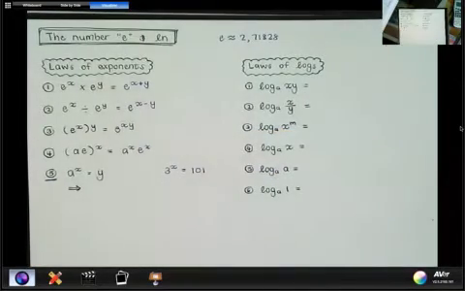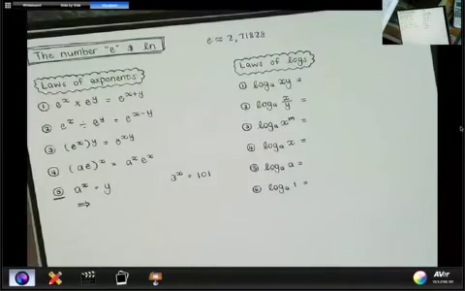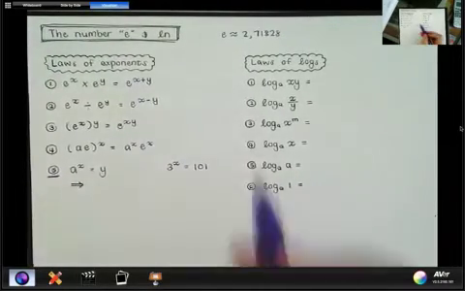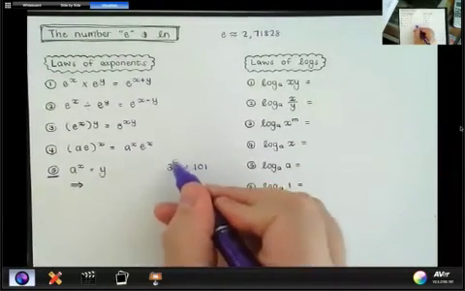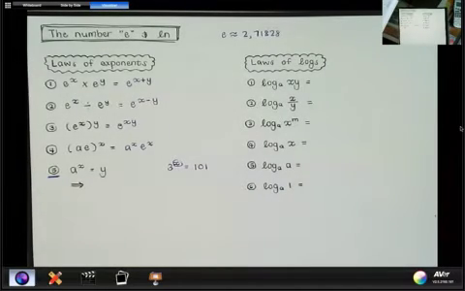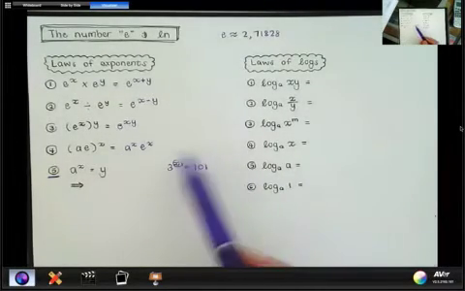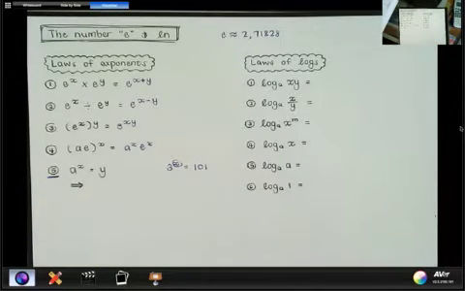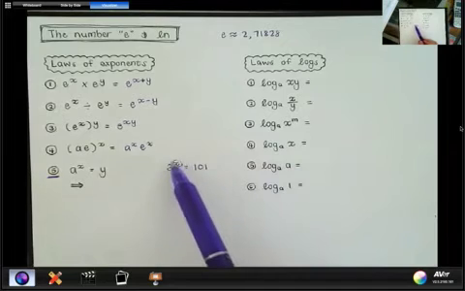In grade 10, we would have used trial and error to solve for x. But now, using log form and the log button on the calculator, we can rewrite this equation in log form, which will then allow us to use the button on the calculator to solve for x. So how it works is the exponent, that's the thing that we're trying to solve for.